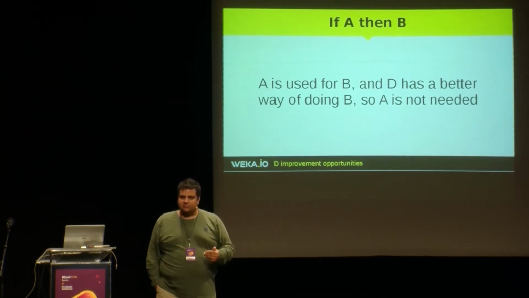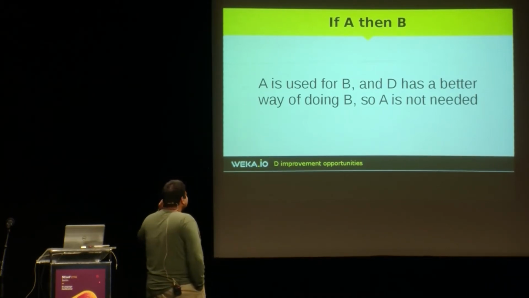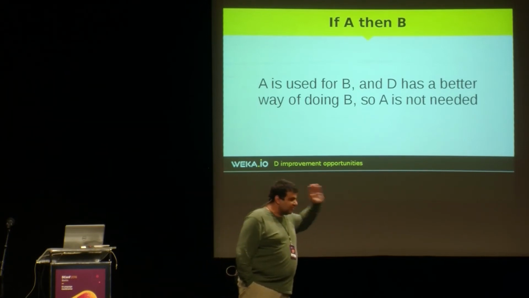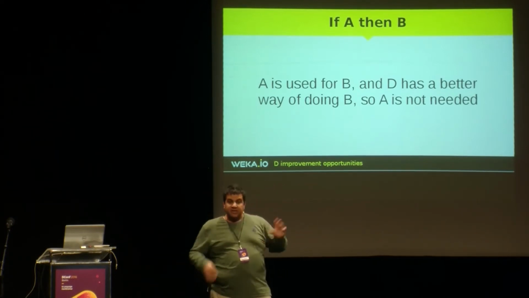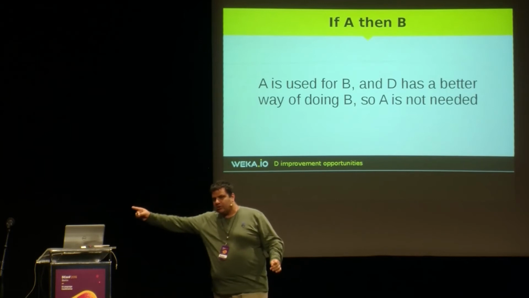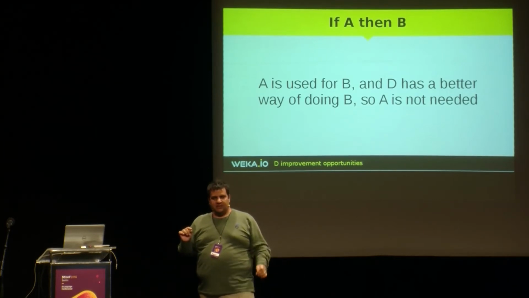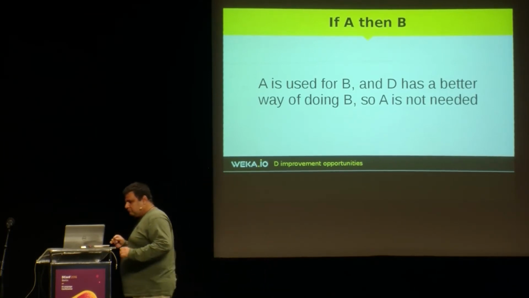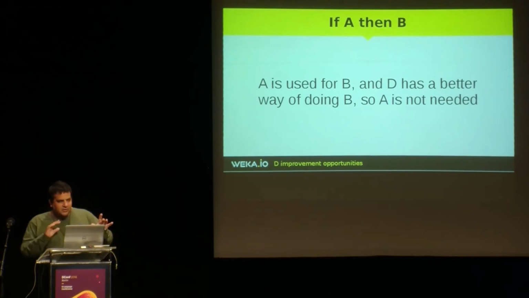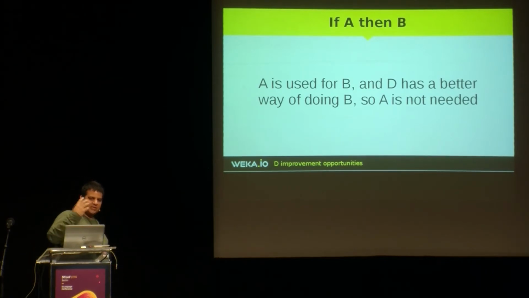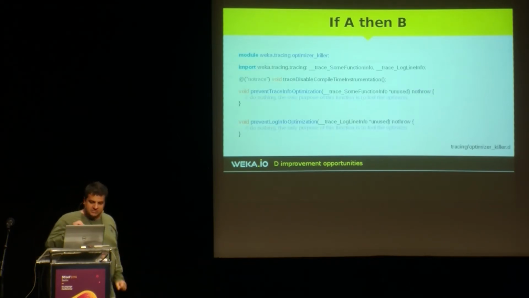D doesn't have it. And people say, well, you know, this construct is mostly used to do this, and D has a better way of doing this, so we don't need the construct. And this is a bit of a controversial example, because Liran and I don't quite agree on how much it represents the problem that I'm saying.